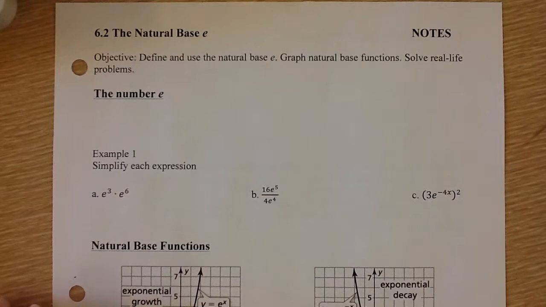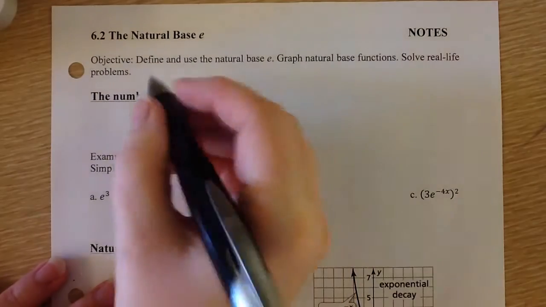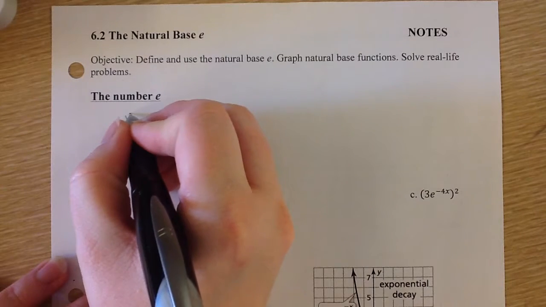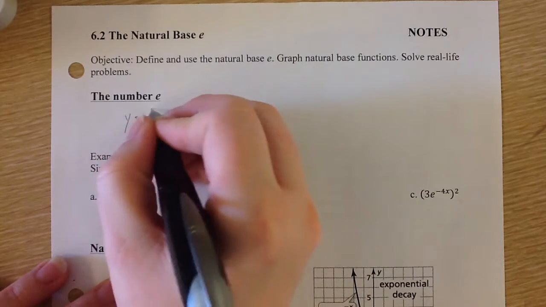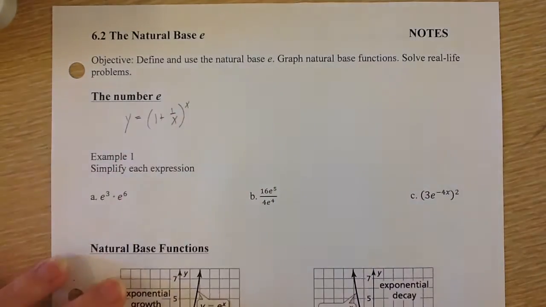As you saw on Desmos, the number e is just a number. Again, this was another special number that we noticed. The best definition for it is if I look at the equation y equals 1 plus 1 over x, to the x.